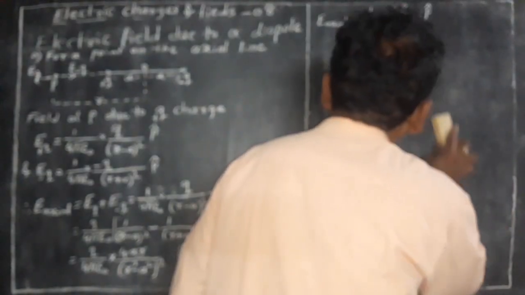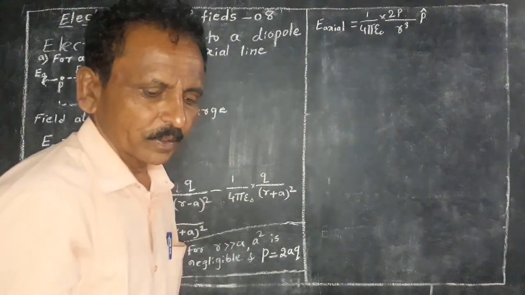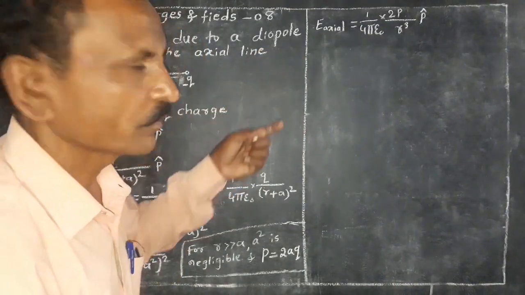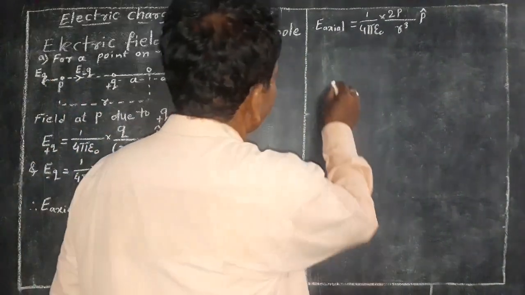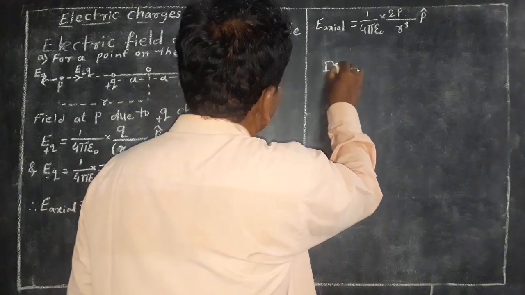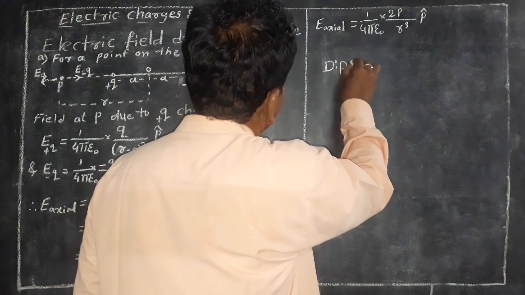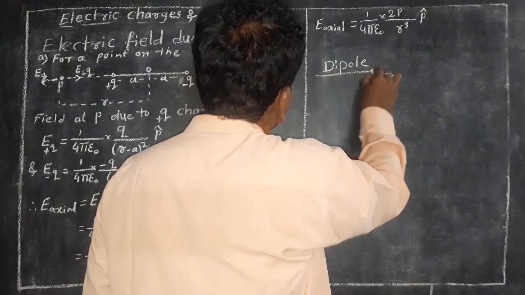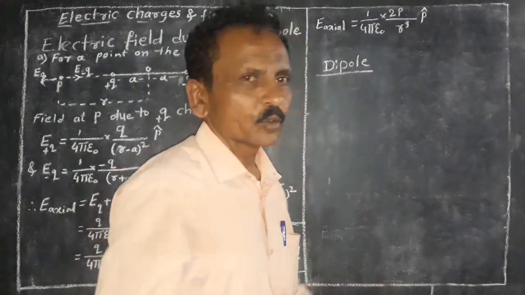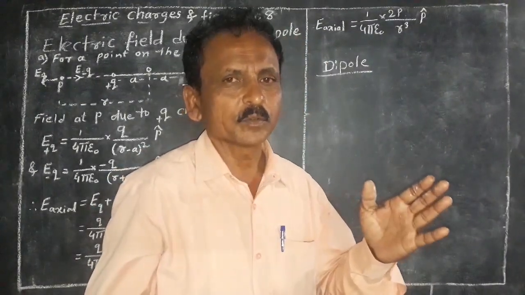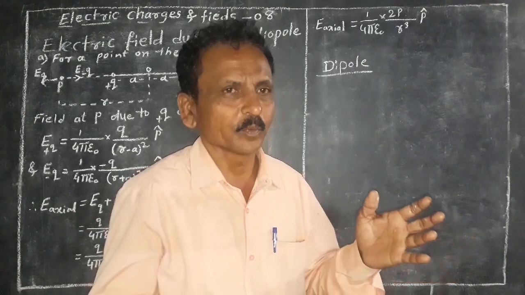Now, today we shall obtain an expression for the electric field at any point on the axial line of a dipole. Then, what is a dipole? You know the magnetic dipole. A magnet has two poles, one is the south pole, the other is the north pole.